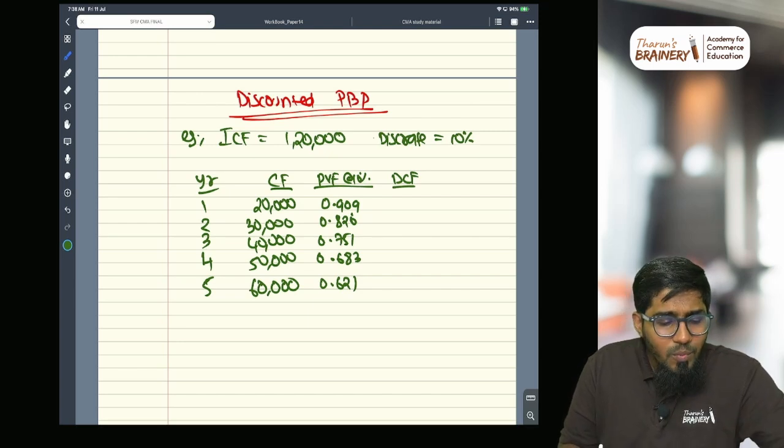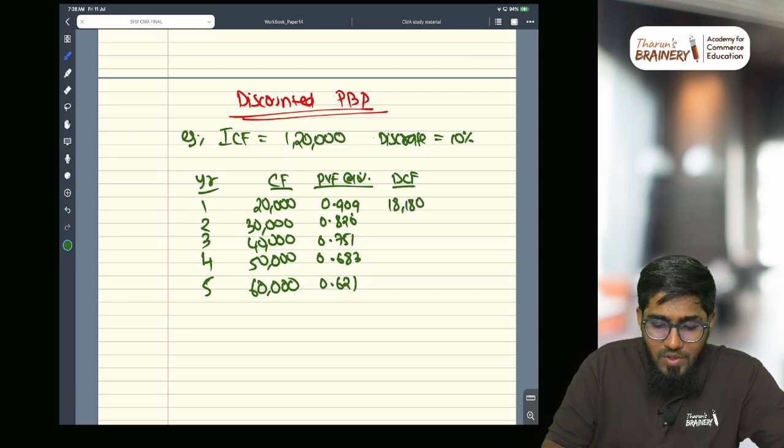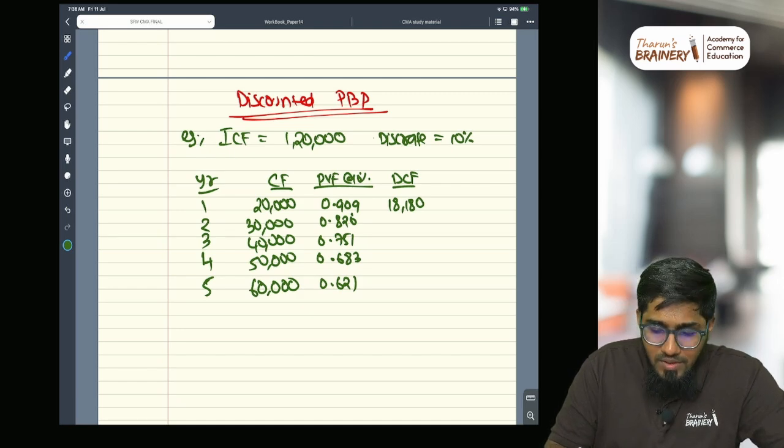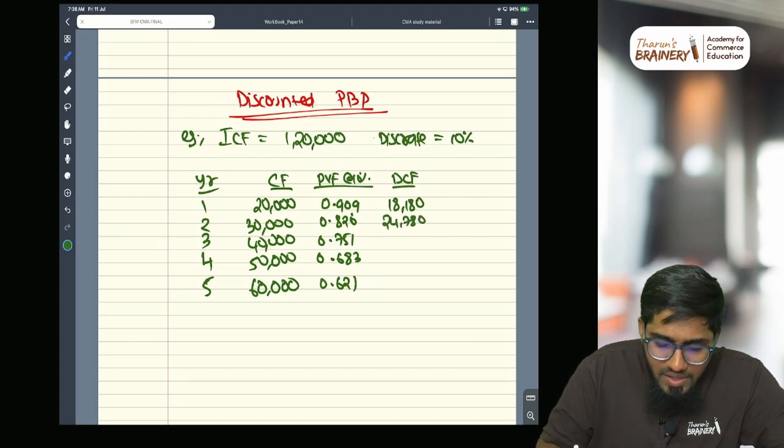Now what I have to do? I have to multiply 20,000 into 0.909. How much am I getting? 18,180. For the second year, 30,000 into 0.826. How much am I getting? 24,780.